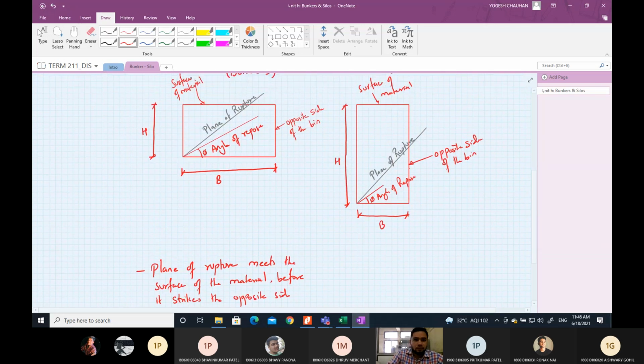So in case of this bunker, the plane of the rupture hits the surface of the material before it reaches the opposite edge or opposite side of the bin.